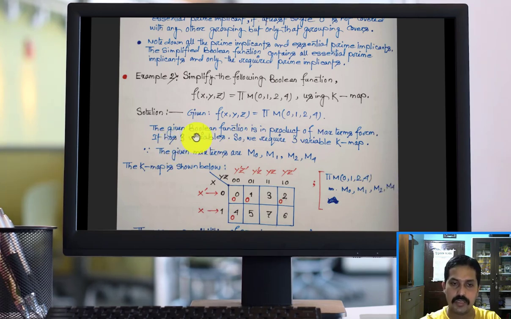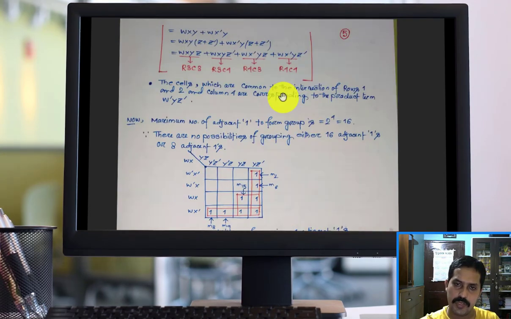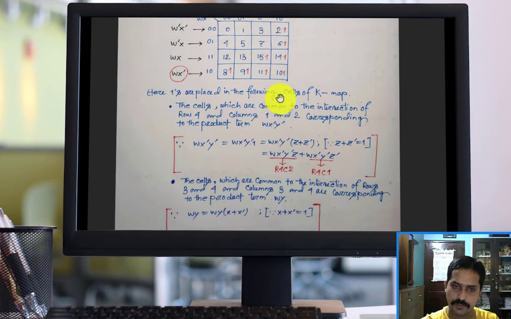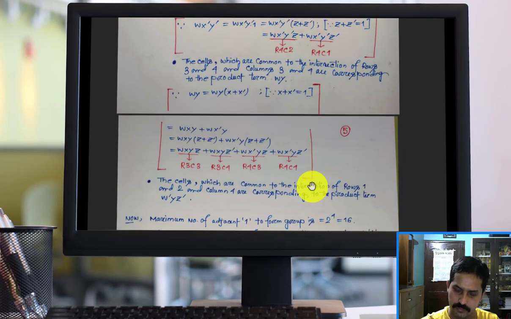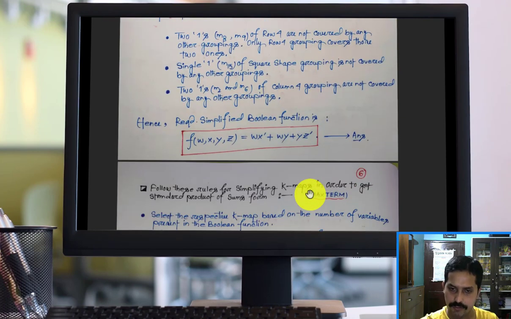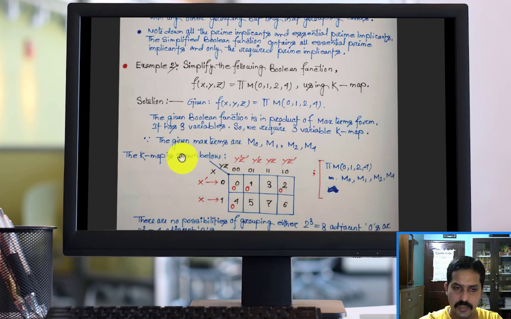So the given Boolean function is in product of max terms form. This is product and this is max term form. You can also convert this Boolean expression to this form, or vice versa. Same thing.